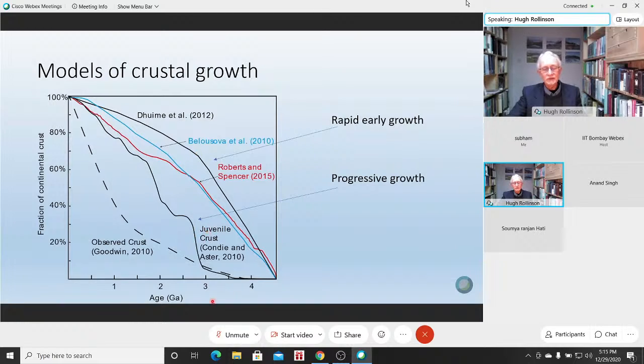There are other models which imply the continental crust grew more progressively, and this one by Condie and Aster is based on what we regard as pristine, newly formed crust, implying a series of bursts of continental crust growth over geological time.